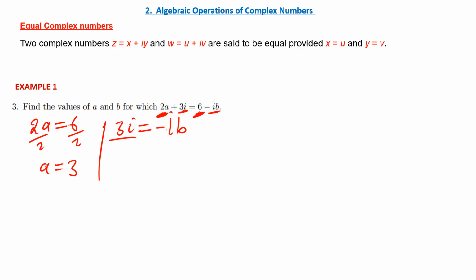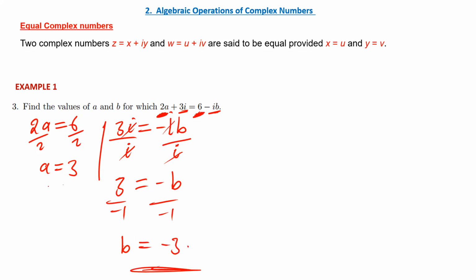If we divide by i on both sides, you get 3 being equal to negative B. And if you divide by negative 1 on both sides, B is equal to negative 3. So these are the two solutions that they are asking us to find.